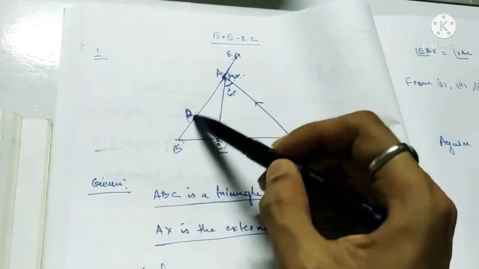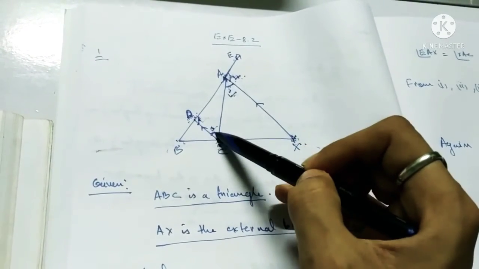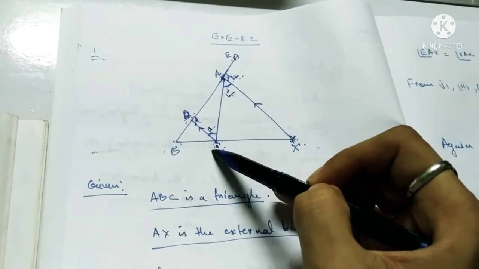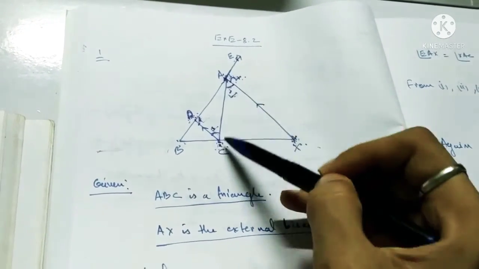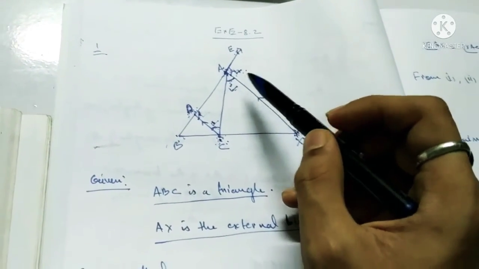Finished? So in this triangle ADC, if these two angles are equal, then I can say that these two sides will be equal. Therefore AD is equal to AC. This theorem you have already learnt in lower classes.